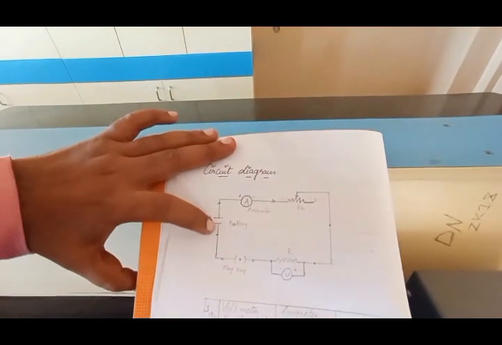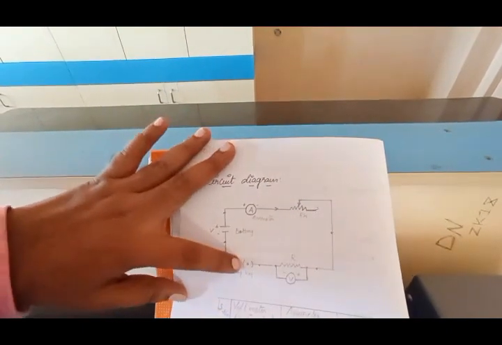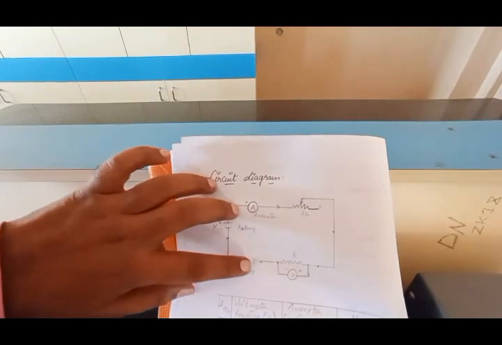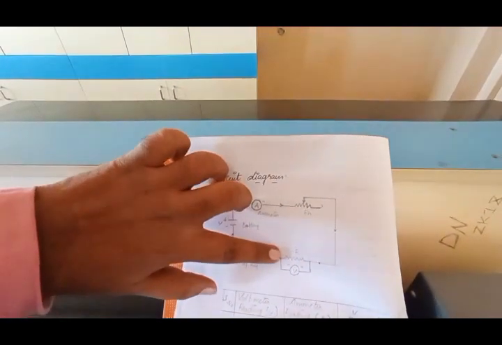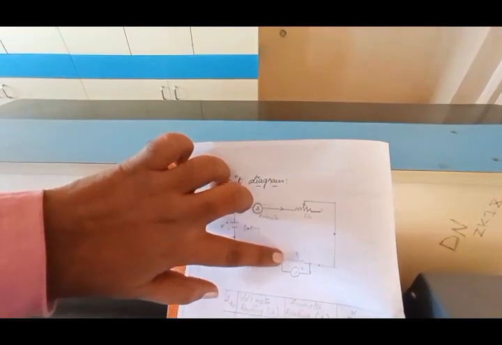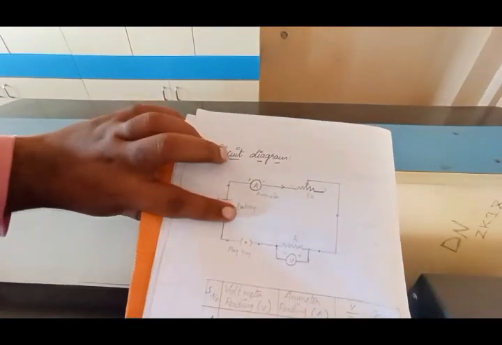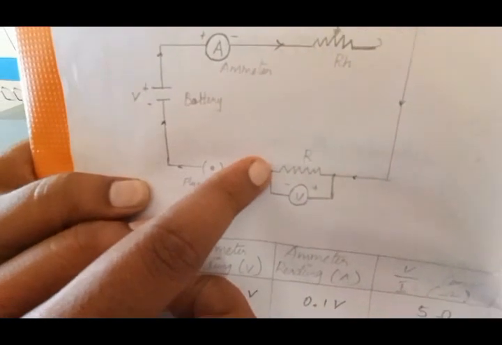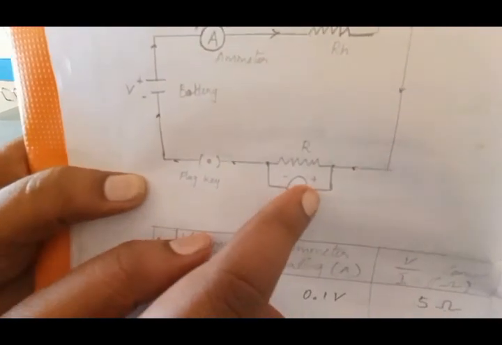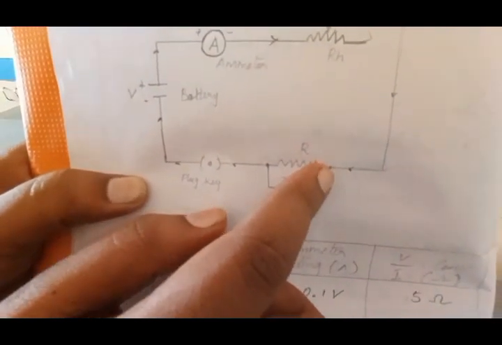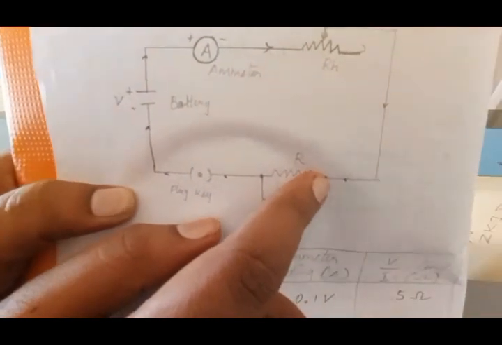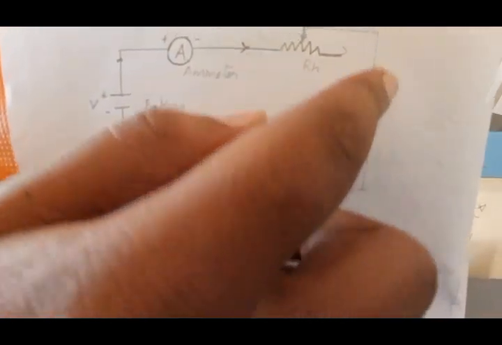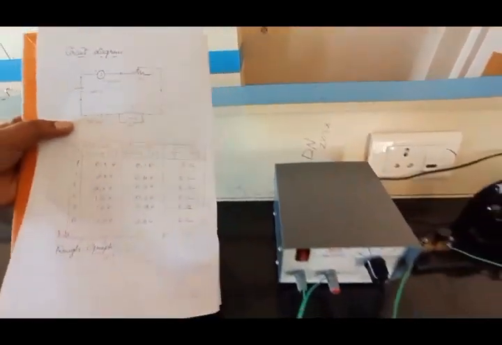Then battery negative is connected to the key. The other end of the key is connected to the unknown resistance wire. At that end itself the voltmeter is also connected, and the voltmeter positive is connected to the other end of the unknown resistance wire. Then from there the connection goes to the rheostat. That is what we are going to do in this circuit.